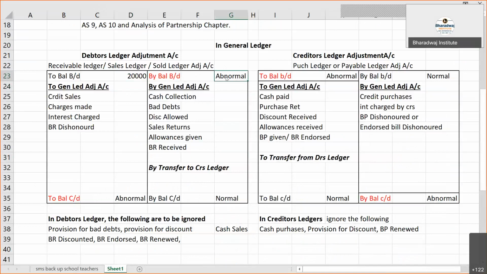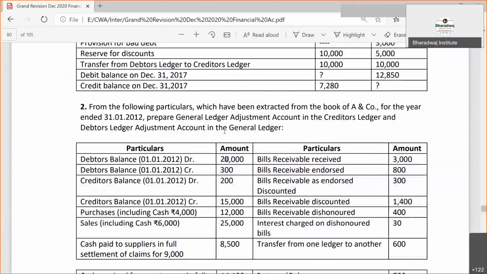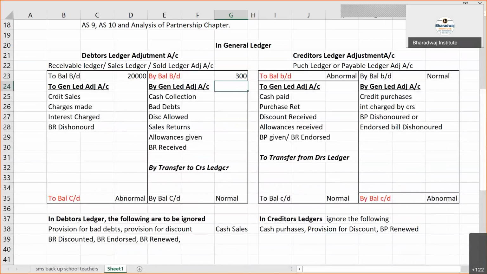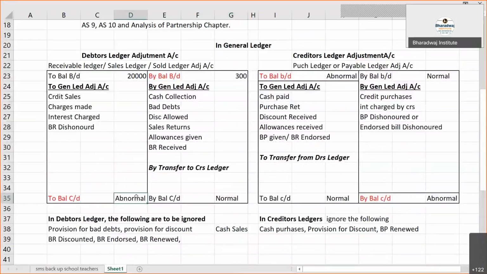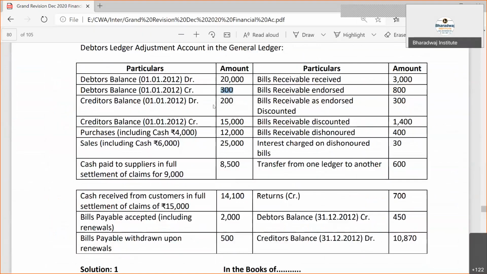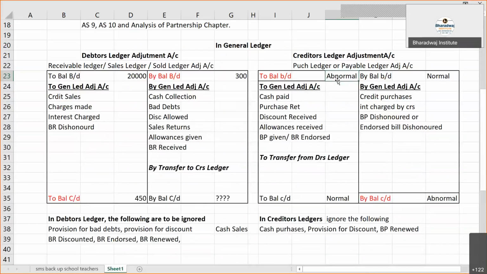Okay, what is abnormal balance given opening? 300. Then closing balance, credit balance is given, abnormal balance is given 450. Okay, this one we have to find out as a balancing figure. Likewise, creditors ledger, opening balance debit is given, abnormal balance is given 200.